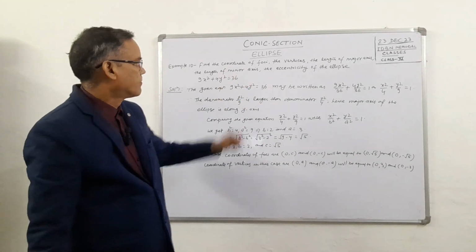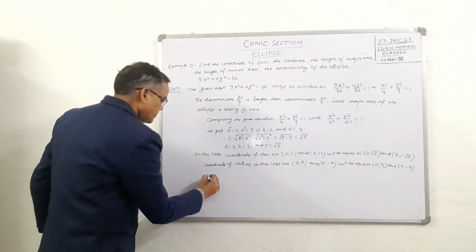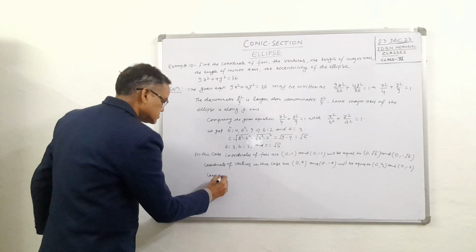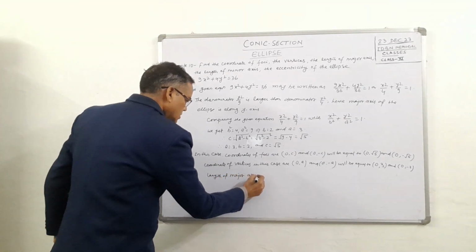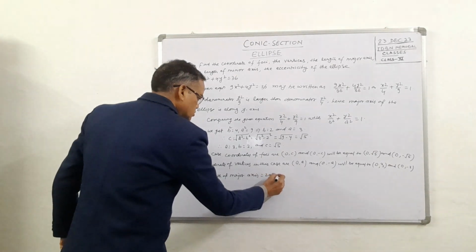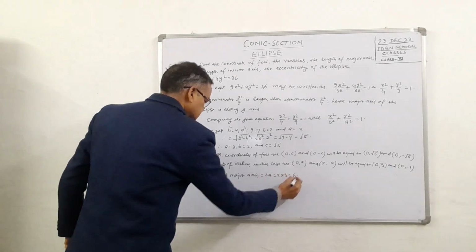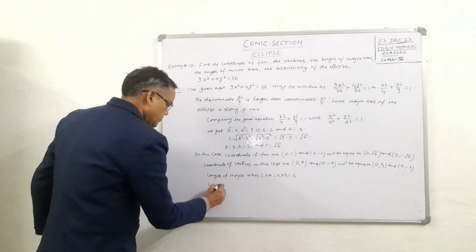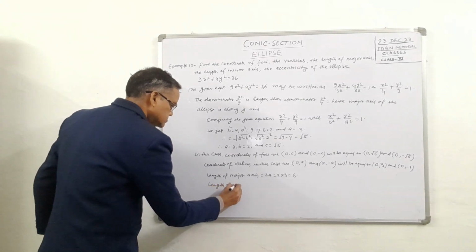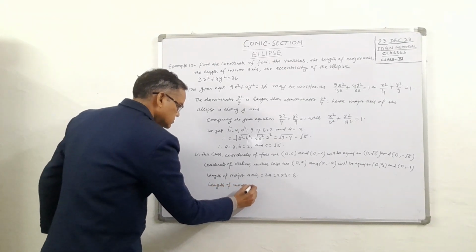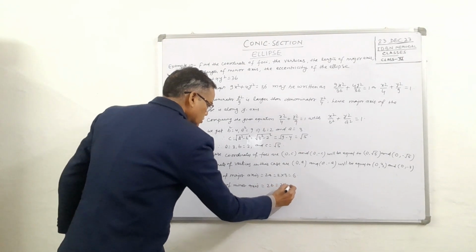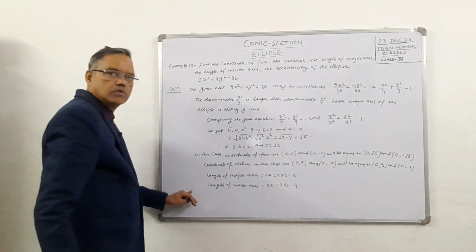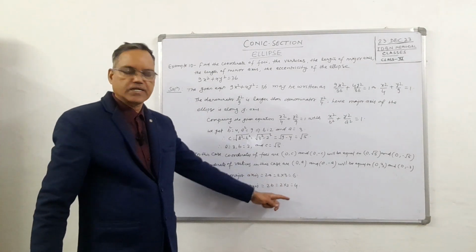Next is major axis. So length of major axis is equal to 2a, that is 2 into 3 equal to 6. Length of minor axis is 2b, 2 into 2 that is equal to 4. ठीक है. This is the length of minor axis.